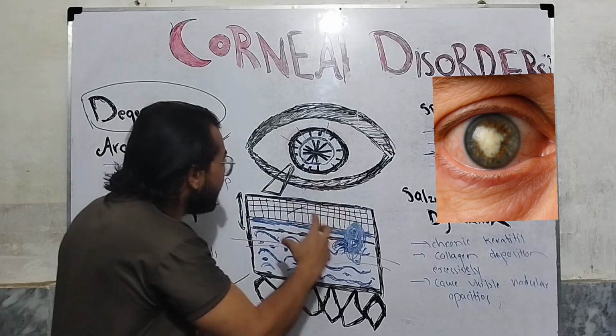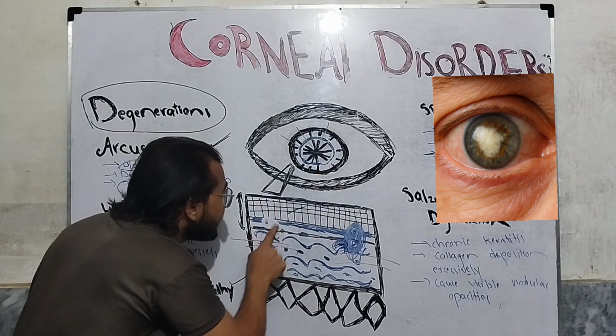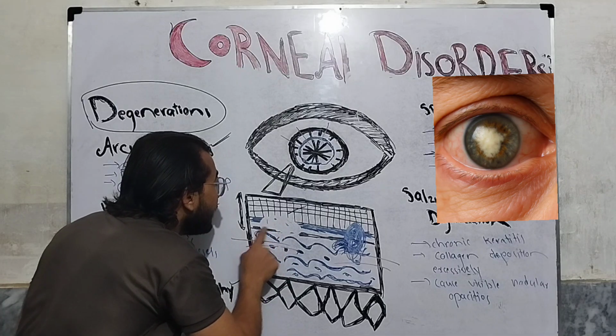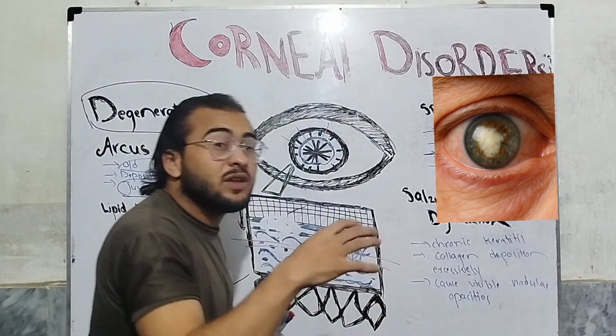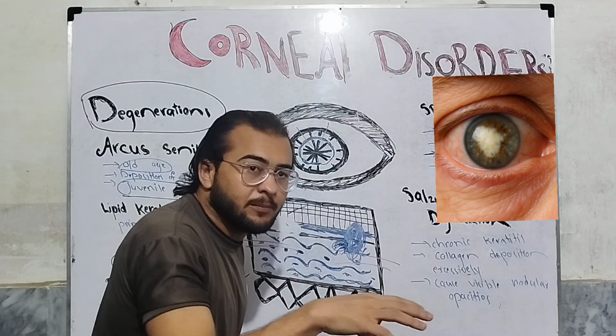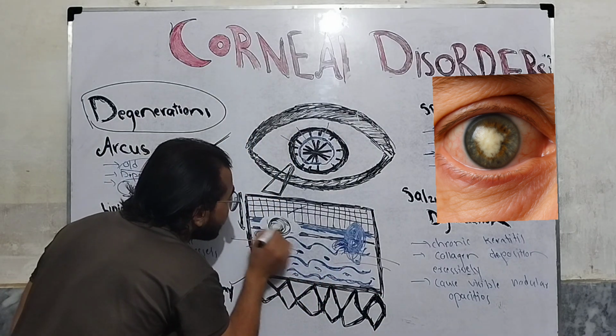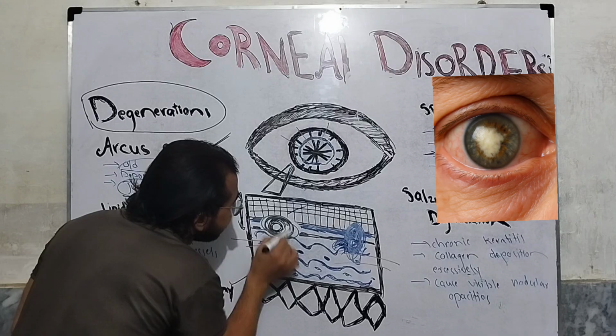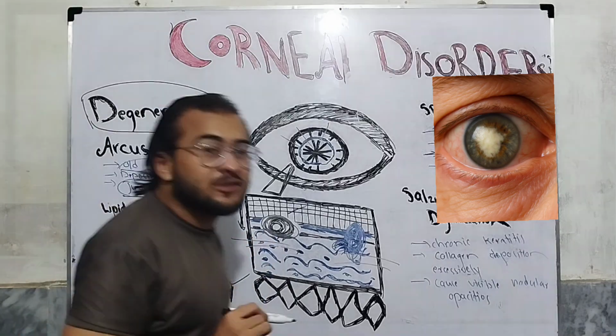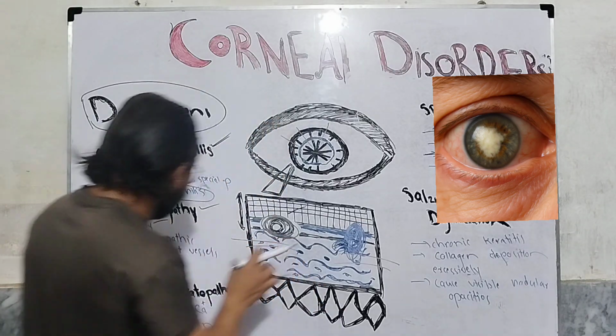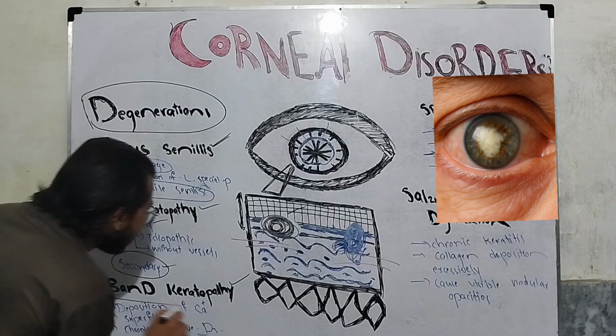Dystrophic calcification means when there is some degeneration and destruction, and we know that in the process of necrosis there is the deposition of calcium. So this deposition of calcium due to the process of necrosis and debris is called dystrophic calcification, and it can cause band keratopathy.